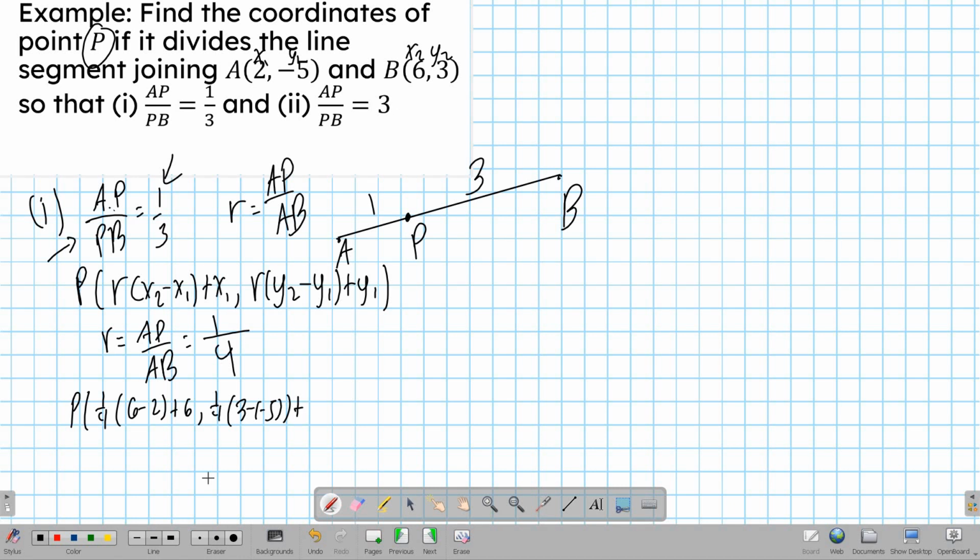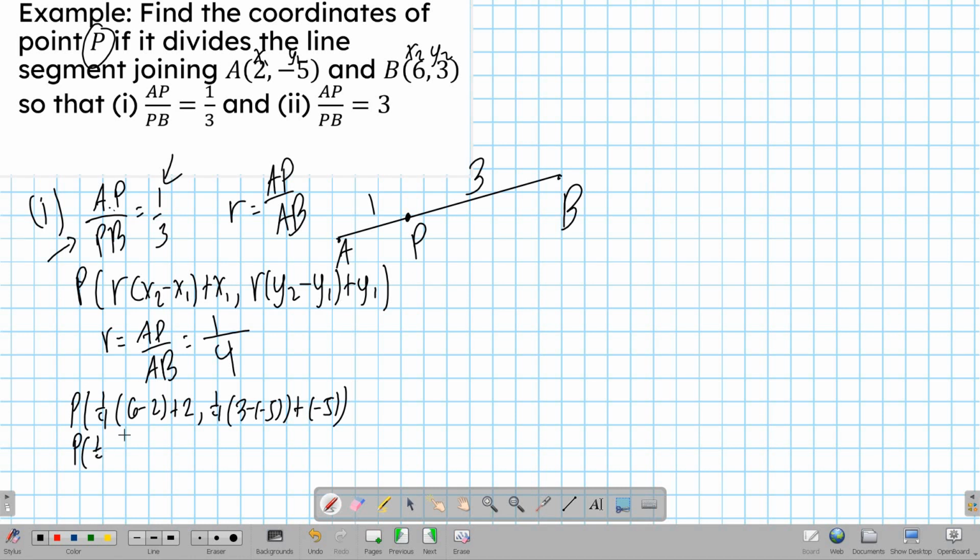oops, sorry, that should not be 6. Wait a minute. For this one here, this should be 6 minus 2 plus 2, while here, 3 minus negative 5 plus negative 5. Yes. So, what we're going to have here is 6 minus 2 which is 4.